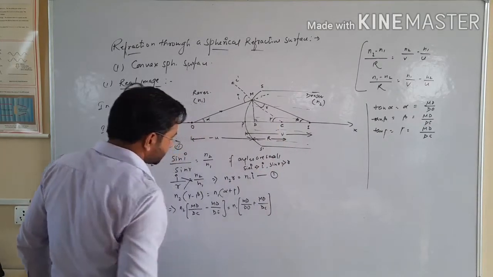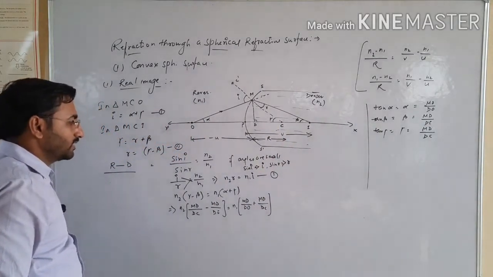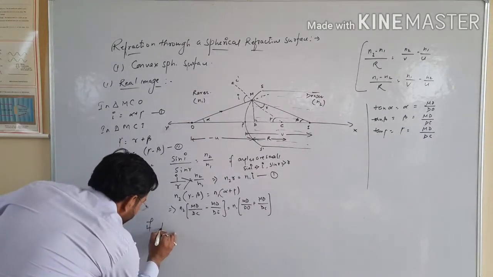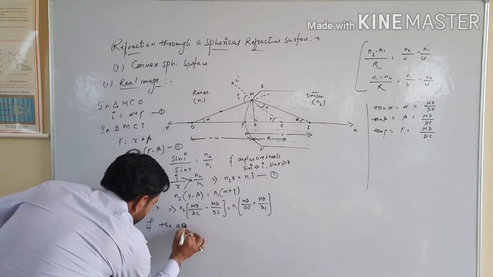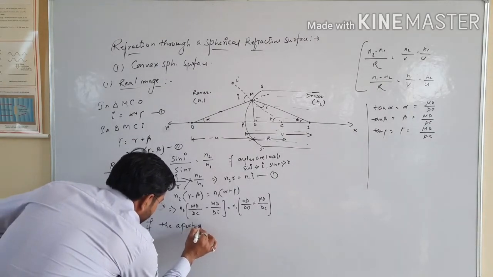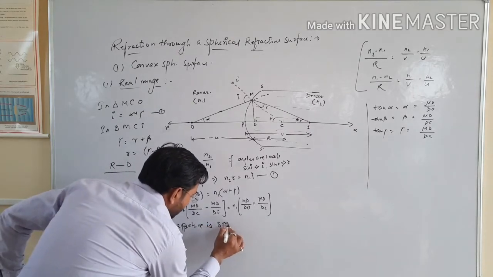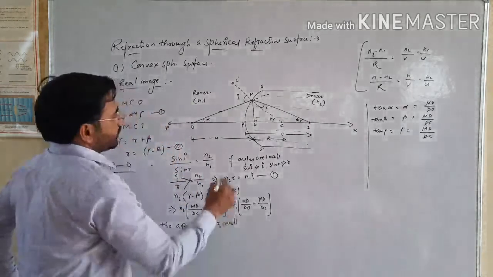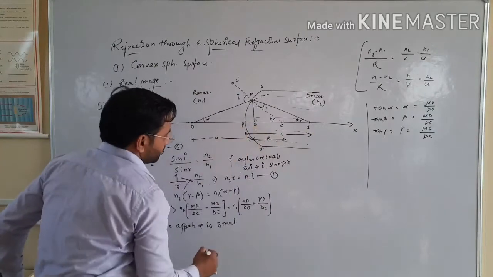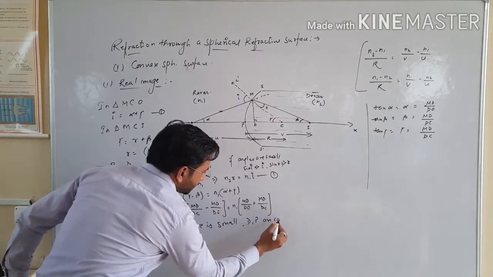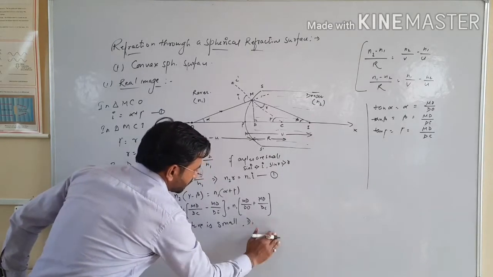Here all distances are measured from the point D, but we can write that if the aperture of the spherical surface is small, the point D coincides with the point P.